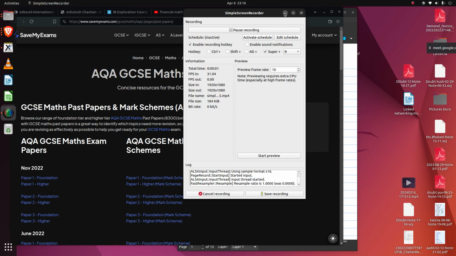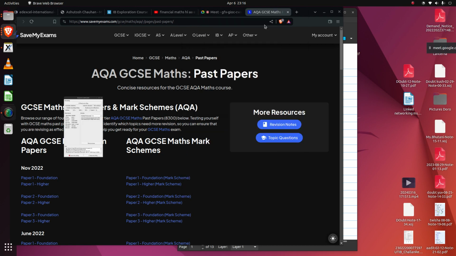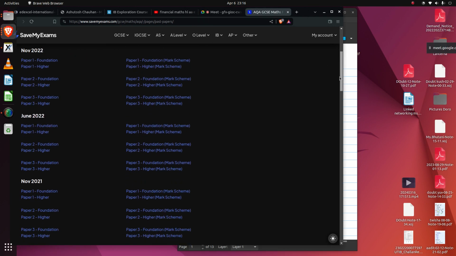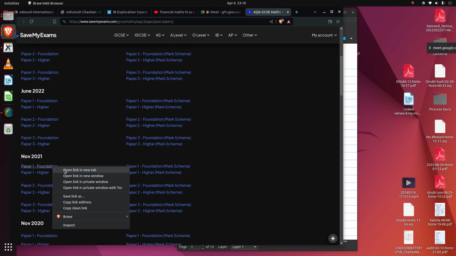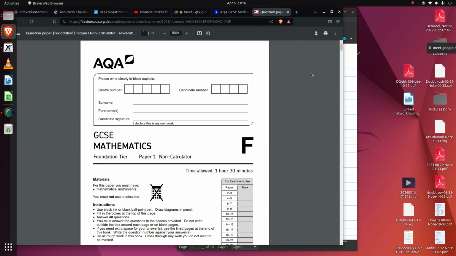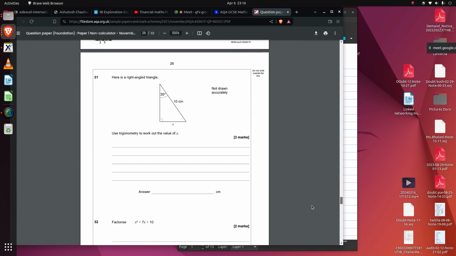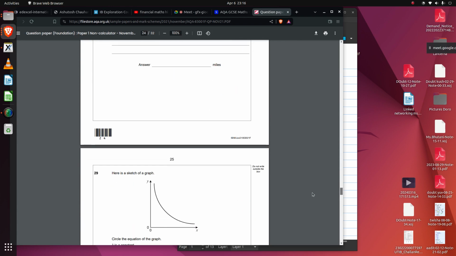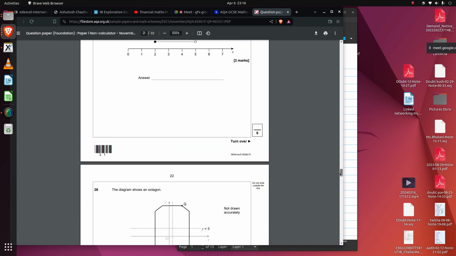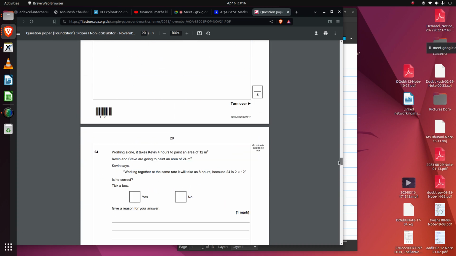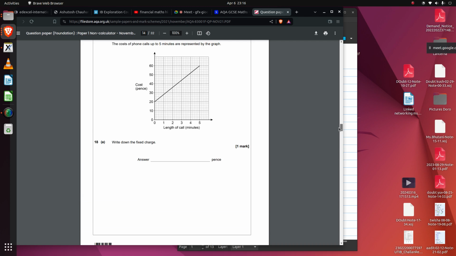So I've started it. Okay, so working on 2021. I think we were doing 2021. Let us just see the distance question. Haji, we did this one, the entire paper?